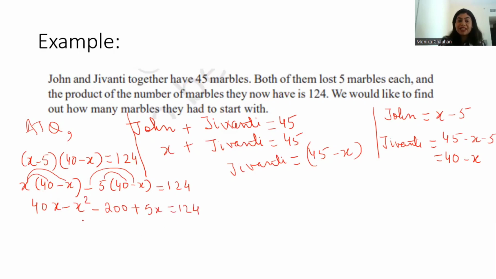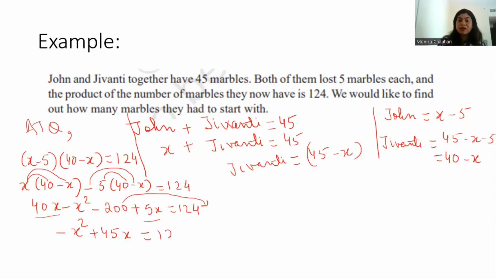Somewhere I can see that I have minus x squared. So let's solve it. You have plus 40x and plus 5x, so I have to combine the like terms. So minus x squared, and this becomes plus 45x. And this 200, which is a constant, I'm taking to the right side. It is called transposition in algebra when we solve it.